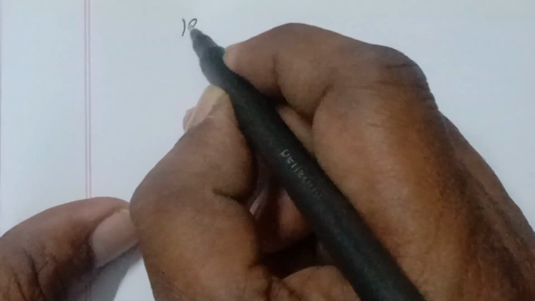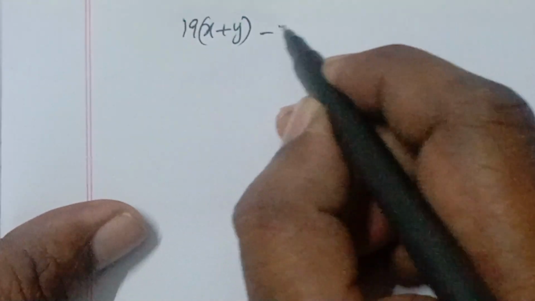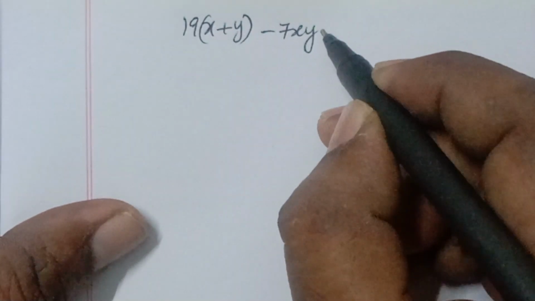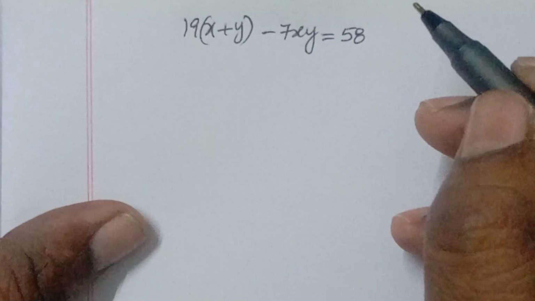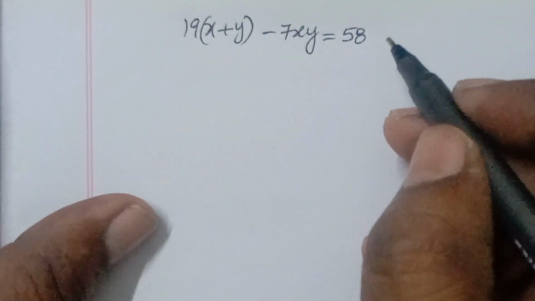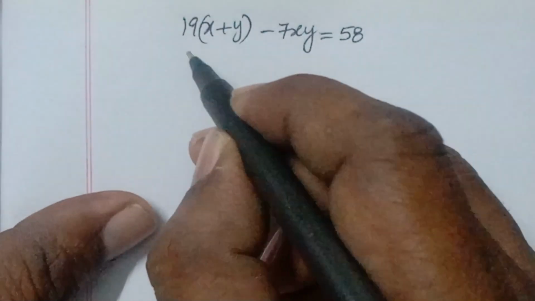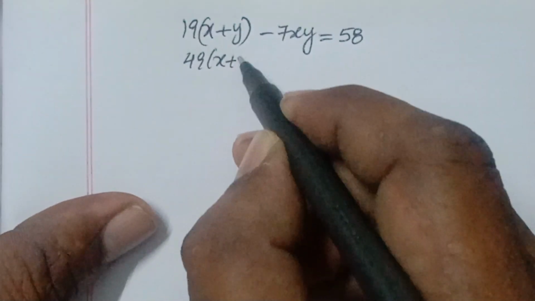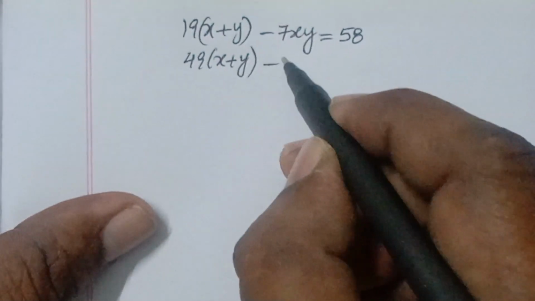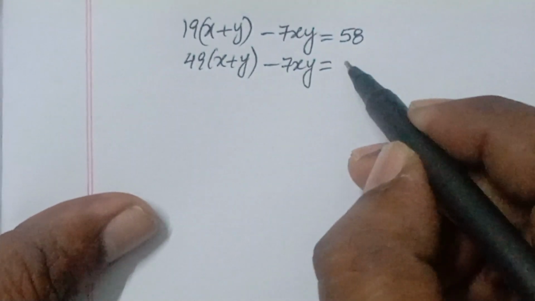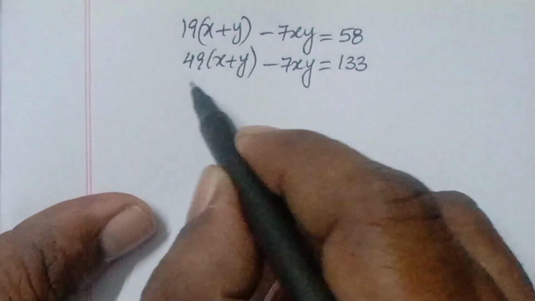Now if you solve equation C, 19(x plus y) minus 7xy is equal to 58, and equation B, where I am multiplying with 7: 49(x plus y) minus 7xy is equal to 133.